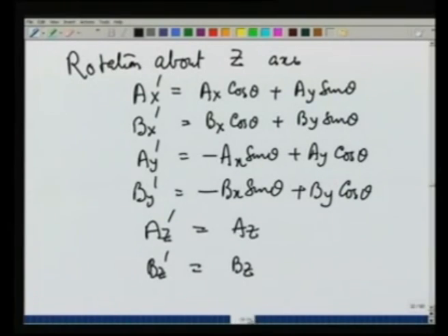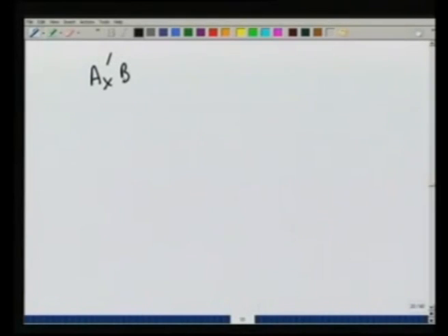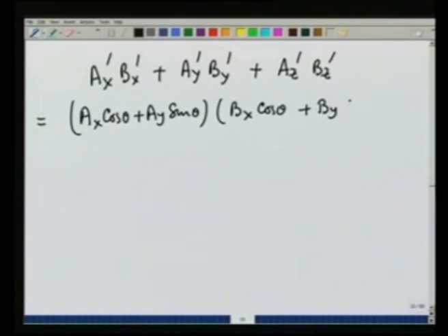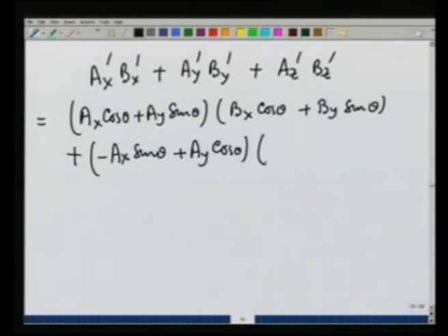Now, let us calculate A x prime B x prime plus A y prime B y prime plus A z prime B z prime, and this would come out to be equal to A x cosine theta plus A y sin theta times B x cosine theta plus B y sin theta plus minus A x sin theta plus A y cosine theta times minus B x sin theta plus B y cosine theta plus A z times B z.